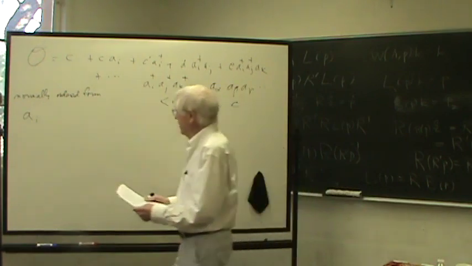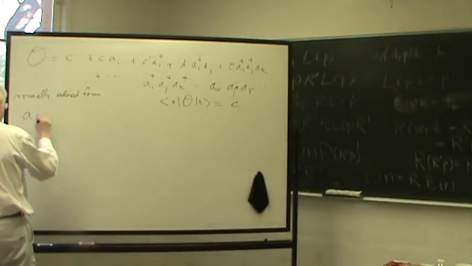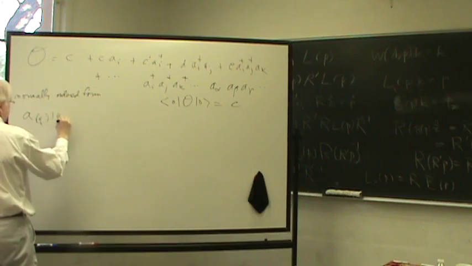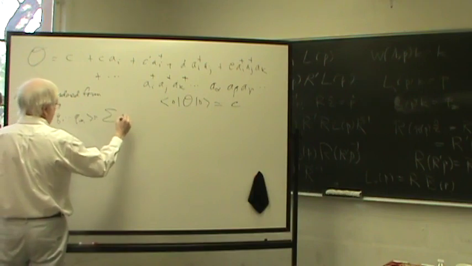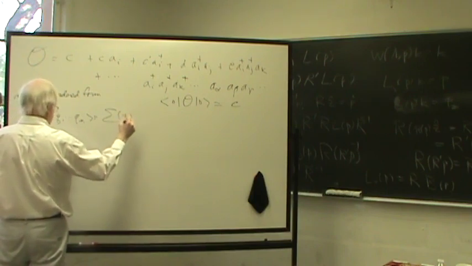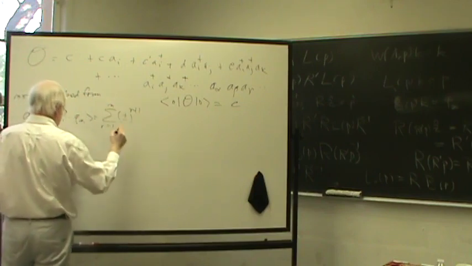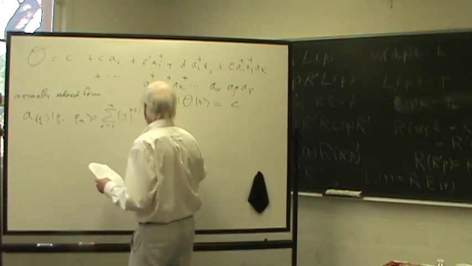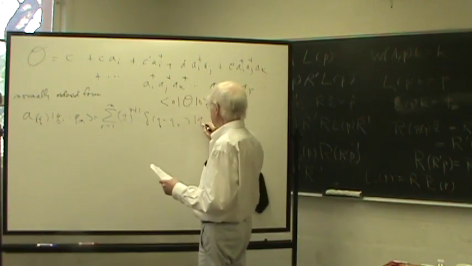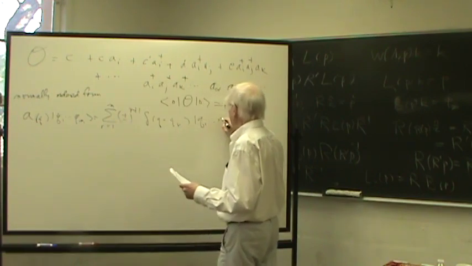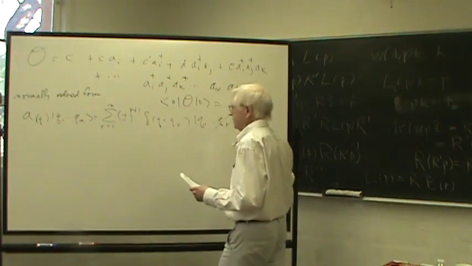The annihilation operator, let me just call it A of q, on a state q1 through qn, is actually a sum of plus or minus to the r plus 1, r equals 1 to n, delta of q minus q_r, and then the state q1, no q_r, through qn.